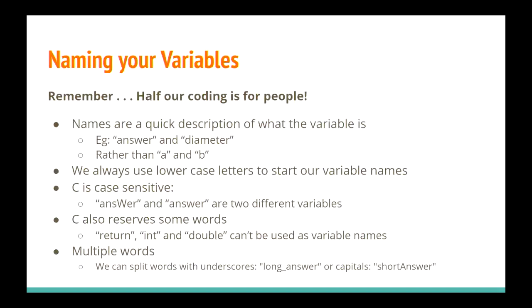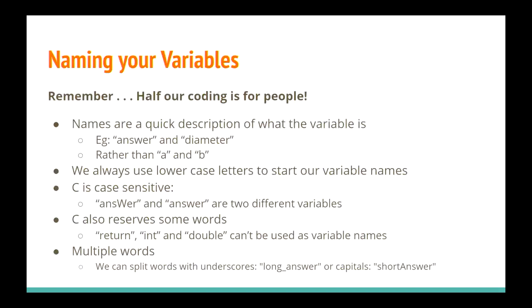So, answer with a capital W, answer with a lowercase w, we as humans look at that and go, oh, it's just the same word, that's just a typo. Your computer is not going to be able to deal with that. Your computer is going to say, I don't know what those two things are, they're definitely different from each other. So just be careful with things like that.